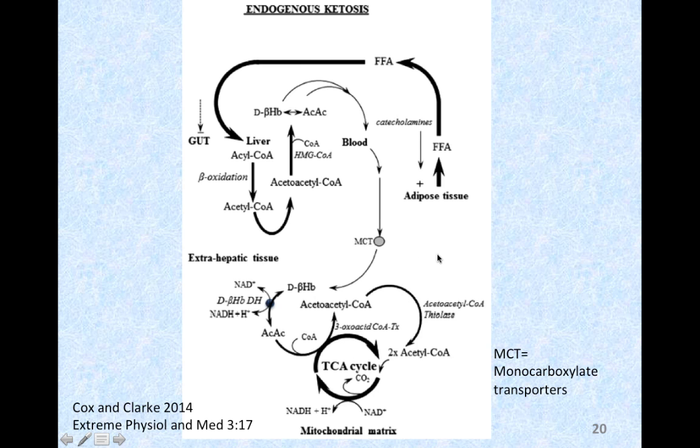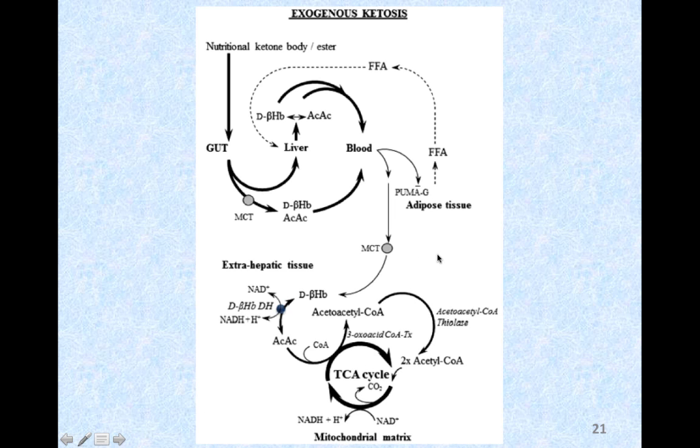Okay? Now let's look at this, exogenous ketosis. This is, for example, when a person is consuming a nutritional ketone body or a ketone body ester. We'll talk about that in a few minutes. You're actually consuming those, so they go into the gut. They leave the gut. Remember, they're water soluble. They can go through those monocarboxylate transporters.